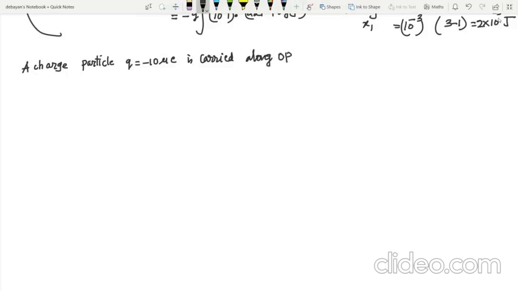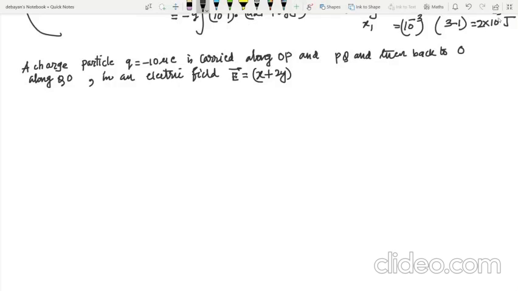The particular line is given, I am drawing that, and PQ, and then back to O along QO, in an electric field that is given, say E equals 2y i cap plus 2x j cap.